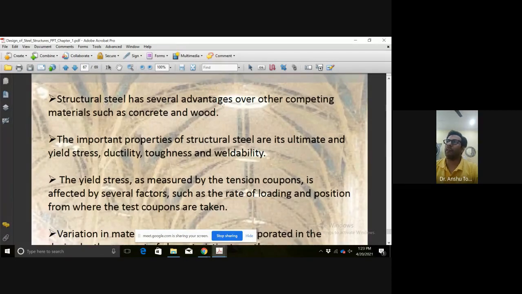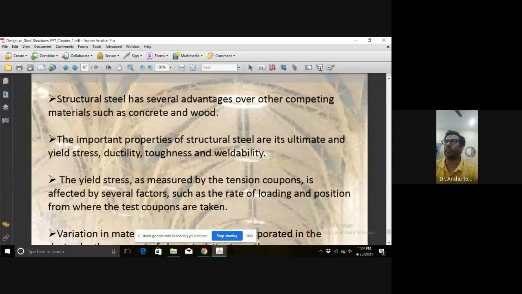Structural steel has several advantages over other competing materials such as concrete and wood, as I already told you. As compared to concrete and wood, which are not safe in tension, if we talk of plain concrete, structural steel is safe in compression as well as in tension, along with masonry also.